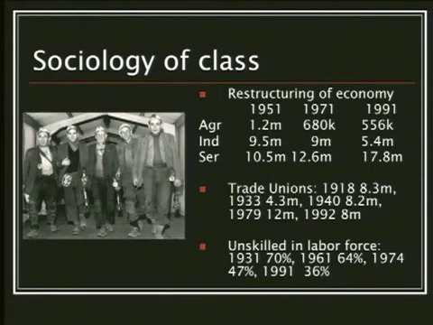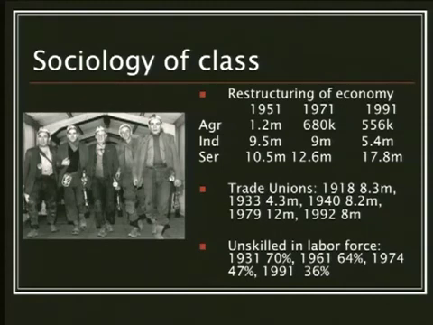But one key sector of the traditional working class was, of course, unskilled manual workers. And these we do see beginning to decline in the decades after the Second World War. They fall basically from 70% in 1931 to 47% by 1974.